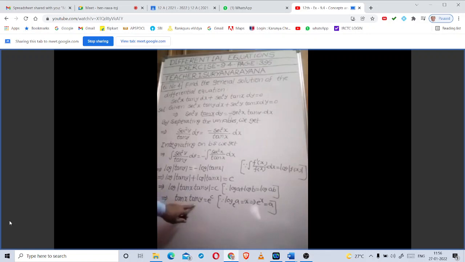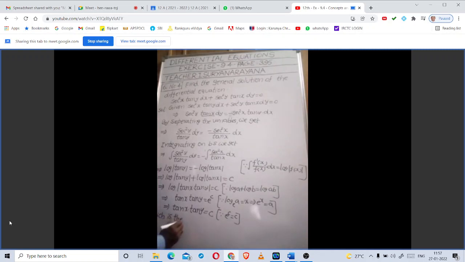Which is the required general solution, or you can write it as c also. E power c is also a constant. So tan x into tan y is equal to c, where e power c is equal to c, some constant. We can write any other constant is equal to c, which is the required general solution.